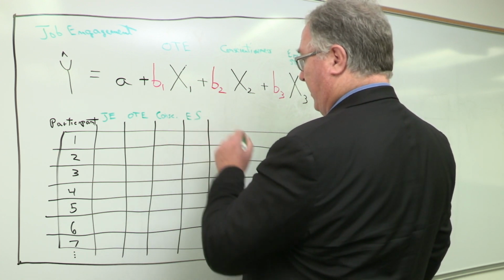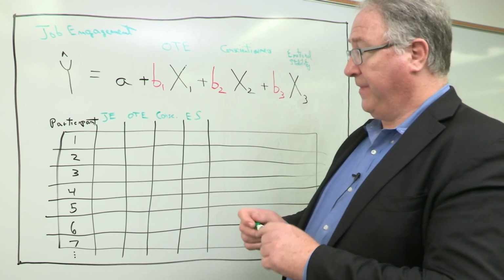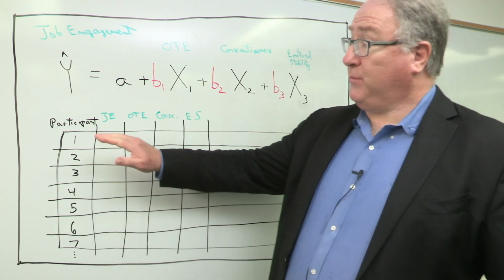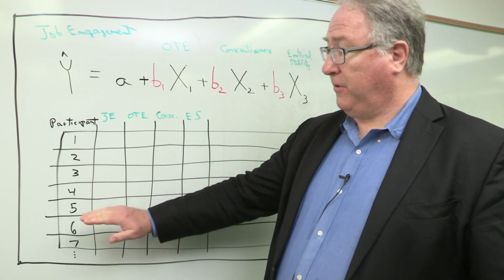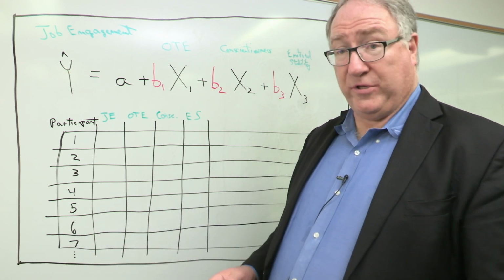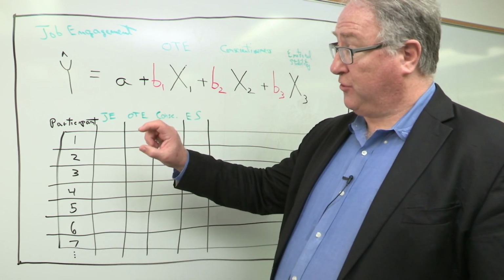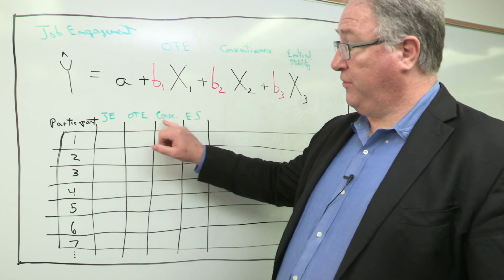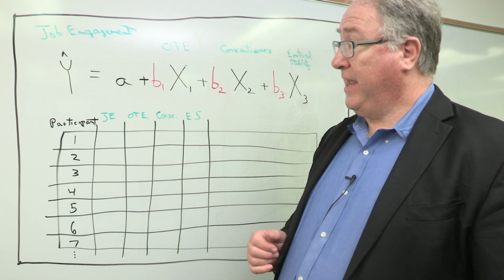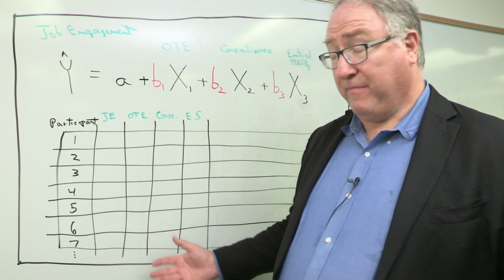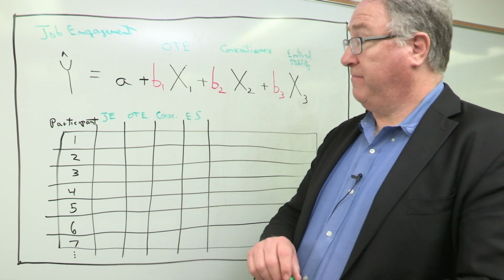And we'll just do it this way as ES, emotional stability. So for each participant in our sample, they will receive a stack of measures, 1, 2, 3, 4 measures, and they'll fill out those measures and they'll get a score on each of those measures.